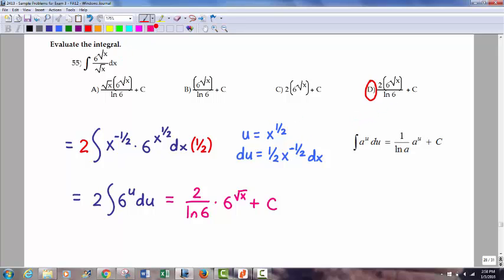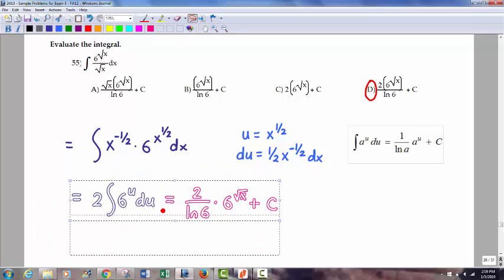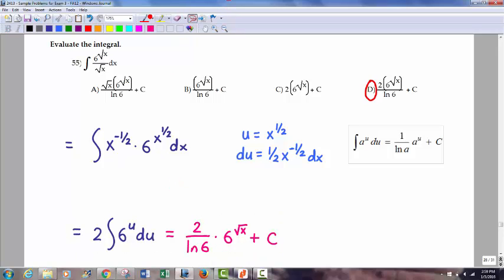So you'll see if I let u equal x to the 1 half, du would be 1 half x to the negative 1 half. So actually what that does is it doesn't put a 1 half on the outside, it actually puts a 2. Let's see if I can.